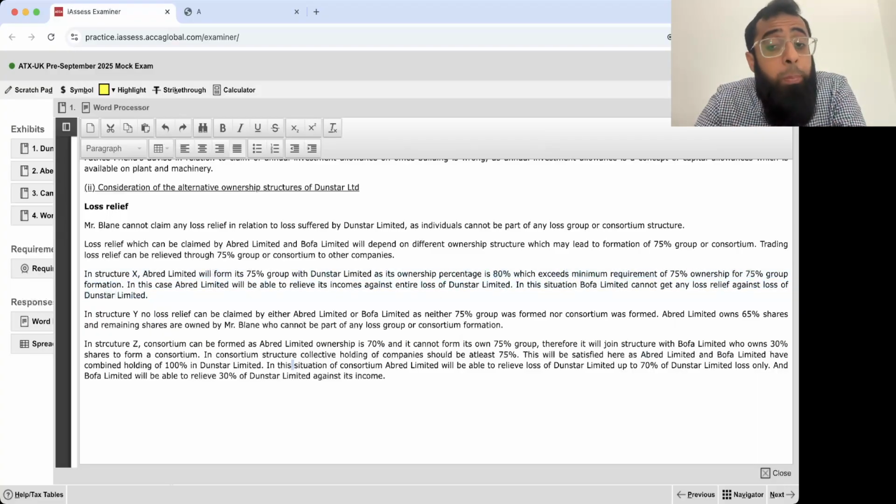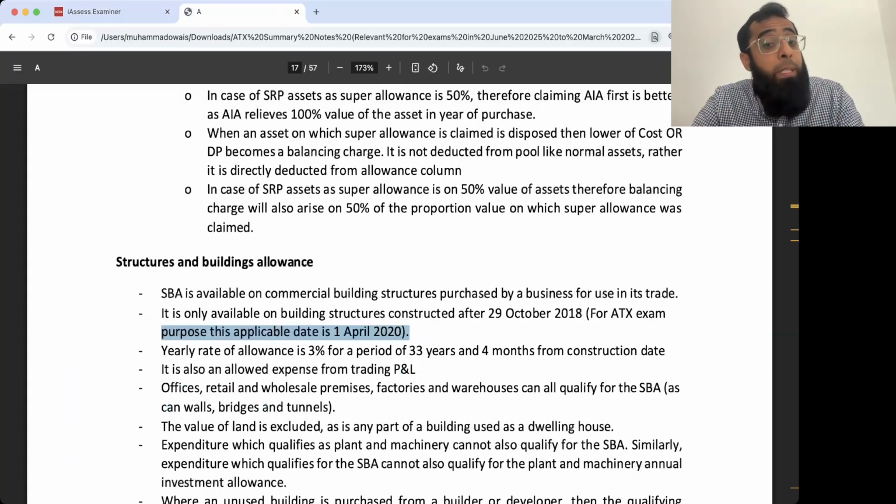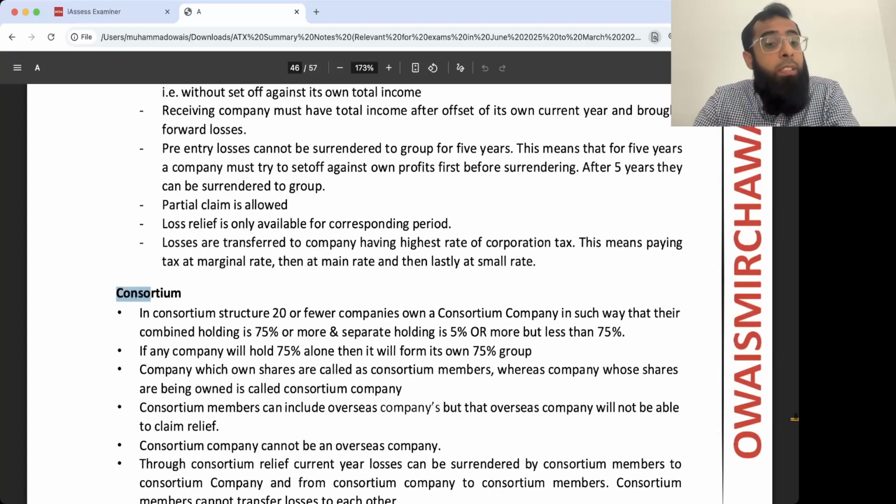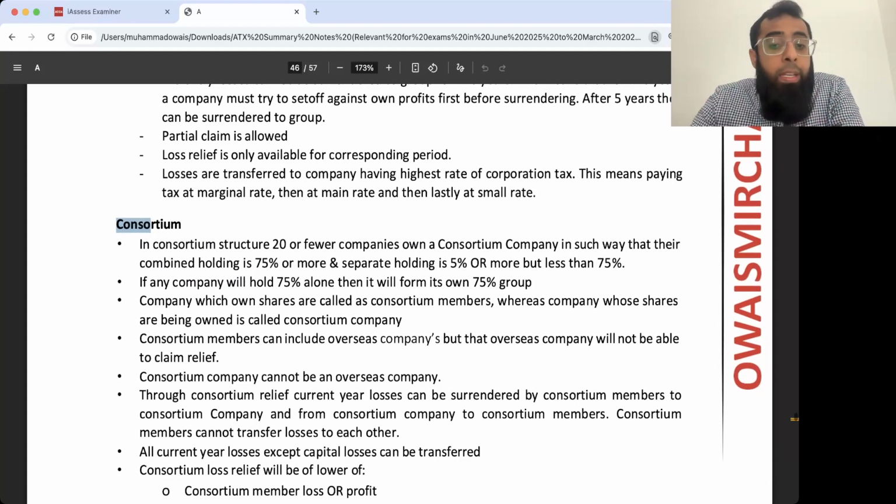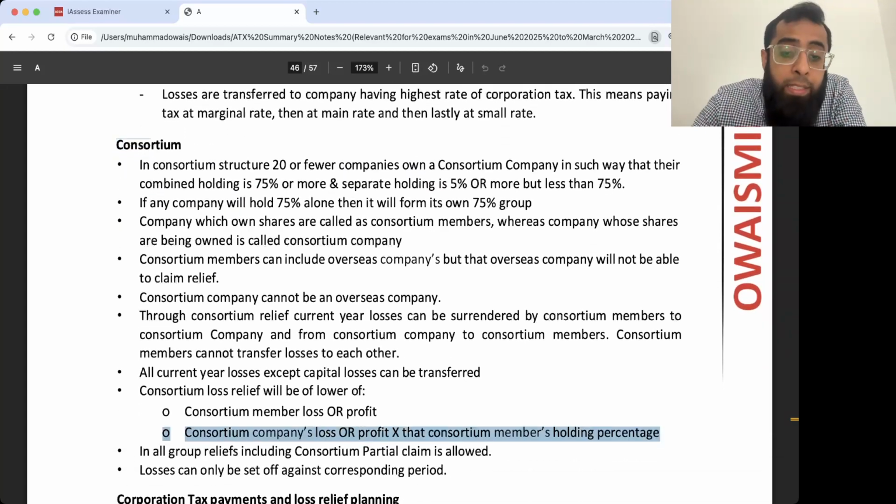When it's not a group, it's a consortium, you have to divide. In a consortium, the percentage becomes applicable. Every company can access the loss according to their holding percentage.